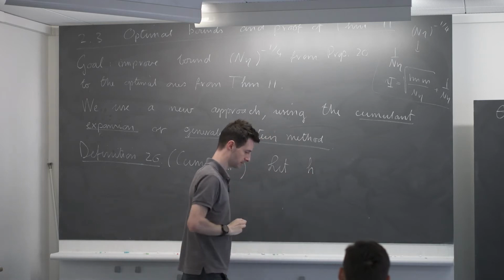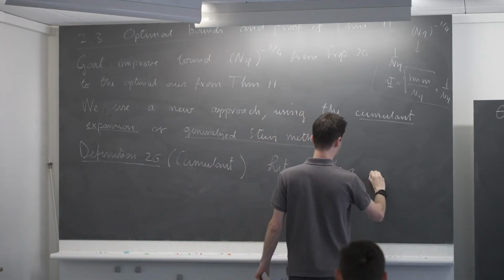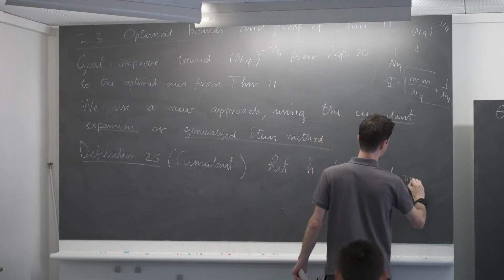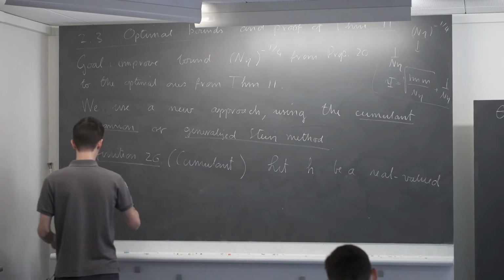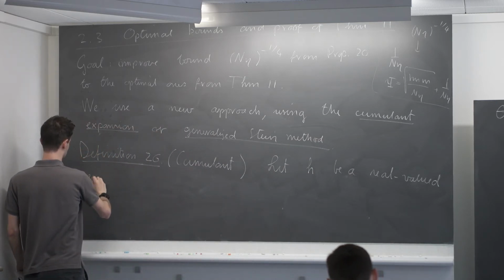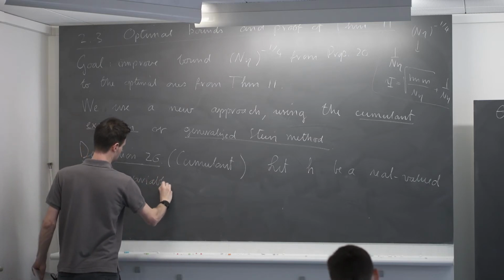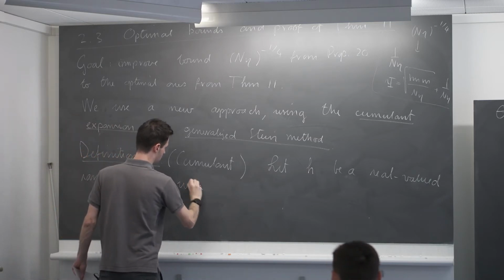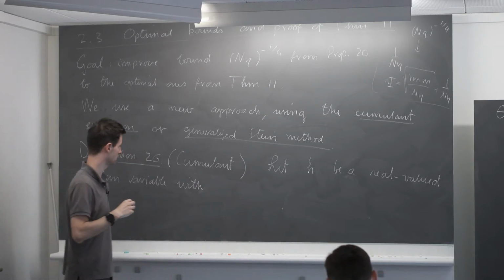So let me take a random variable h, a real valued random variable with finite moments of all order. So all of its moments exist and are finite.